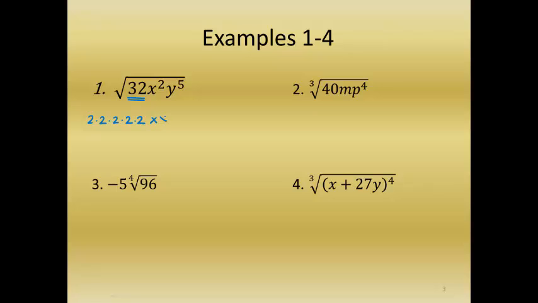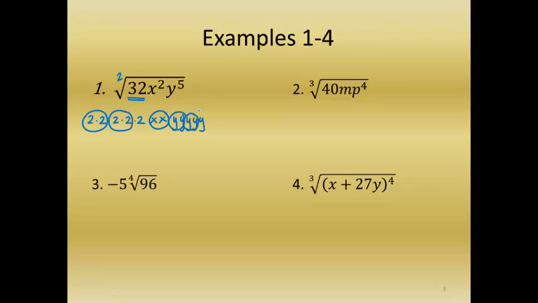Then I'm going to write out that I have x times x, which is x squared, and I have y, y, y, y, y. So that is 5 y's for my y to the 5th. Since I'm working with a square root, I should be looking for how many perfect squares I have. And I see that I have 2 perfect squares of 2, one of x, and 2 perfect y squares.